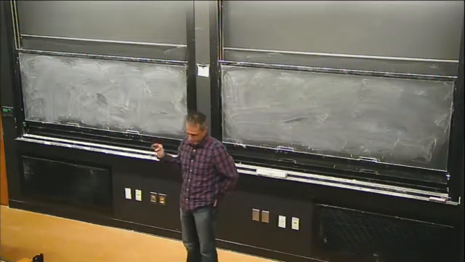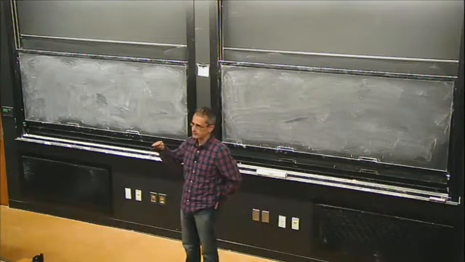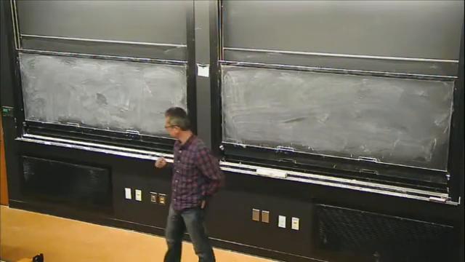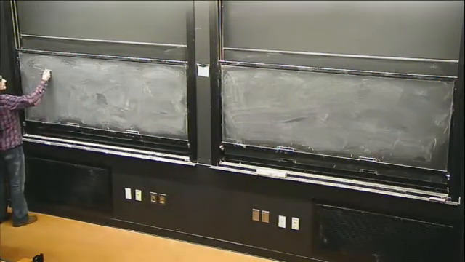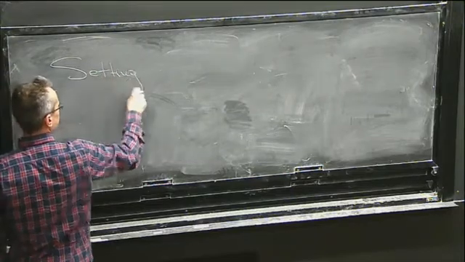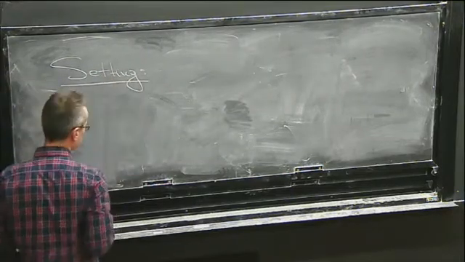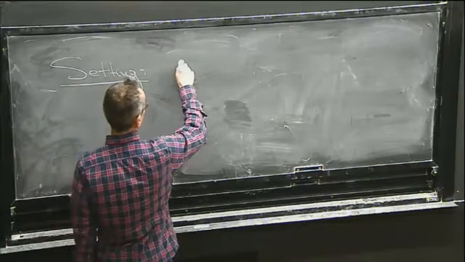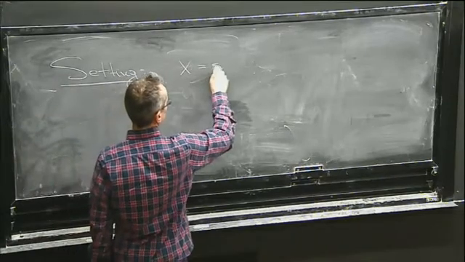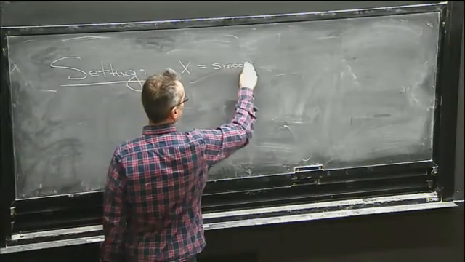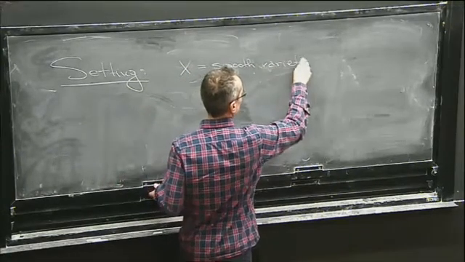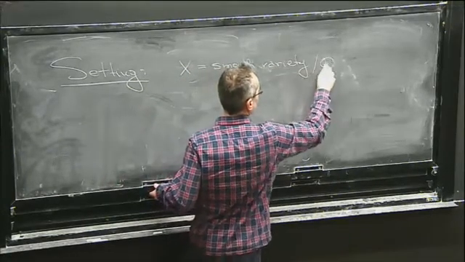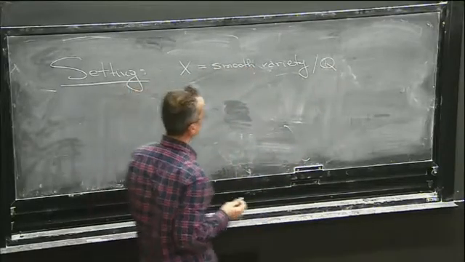So I want to talk about the comparison between what happens when you go from characteristic 0 to characteristic p via reduction mod p. Right, so let's fix the setting. Let's say I'm going to fix some X to be smooth. So the ambient variety will always be smooth. And now, depending on your taste, let's say it's defined over the rational numbers, but this is not very important.